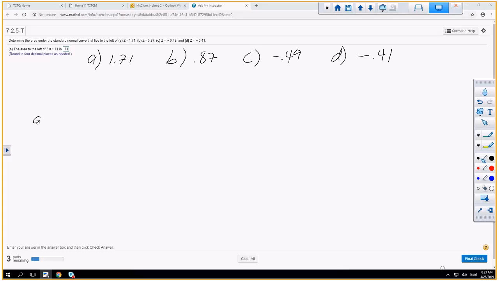So A, I'm going to draw little pictures. So 1 plus 0, 1, 2, negative 1, negative 2. So 1.71 is going to be in there.